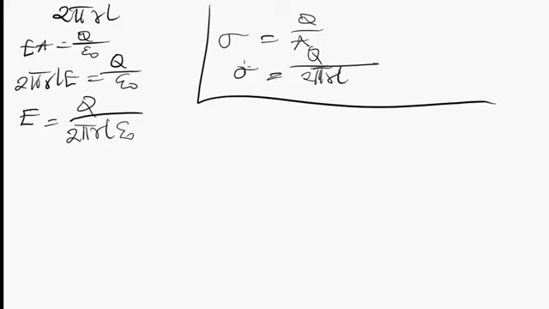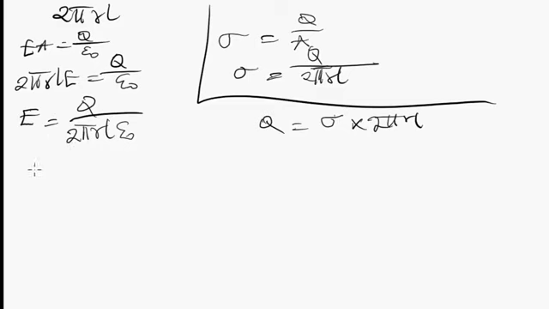Now this makes it simpler for us. Since the charge is this, it means that Q is also the surface charge density times this surface area, which is 2 pi RL. So we can always replace Q by this in this equation.